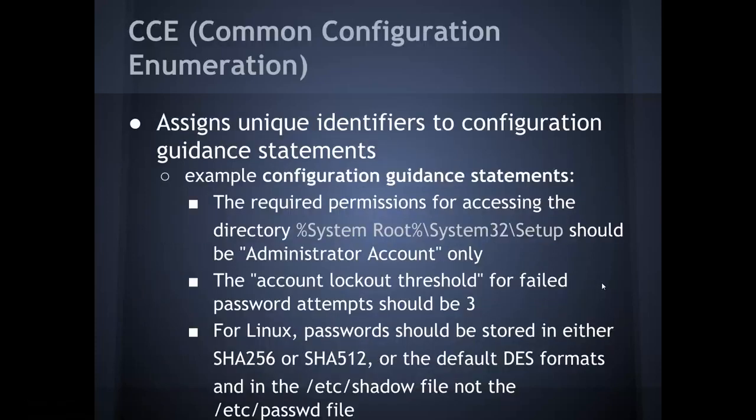So next, CCEs are common configuration enumerations. As I described, they detail how to properly configure certain technologies. Usually, they're provided for the general case, and don't provide specific guidance per version, per product. For all the distinct products out there, there are just simply far too many.